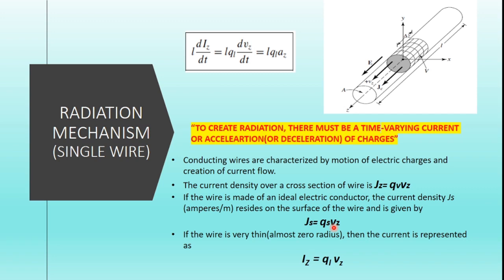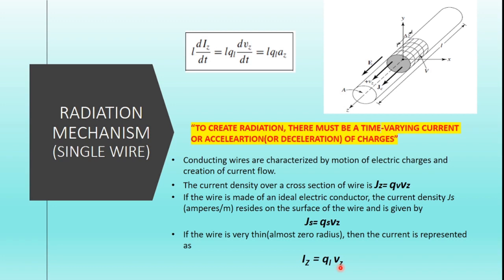Now if you assume the wire to be of almost zero radius, if the thickness is very small, then we can directly define the current through the wire rather than defining the current density. We say density when there is an area of the wire, when the radius is large. But when I consider the radius to be very small, then we can consider it to be I instead of J. So Iz can be written as QL into Vz.